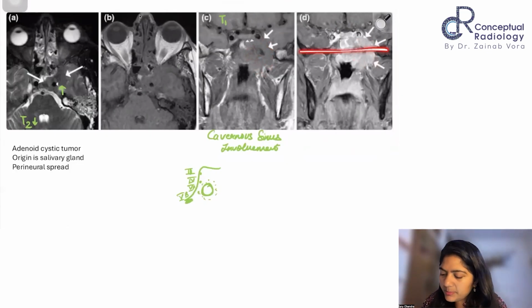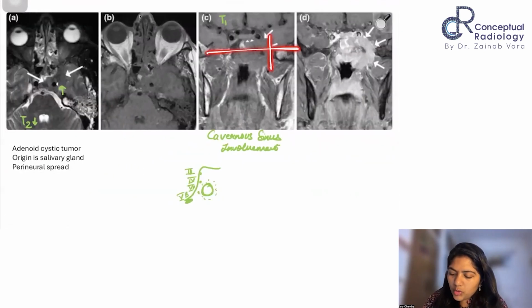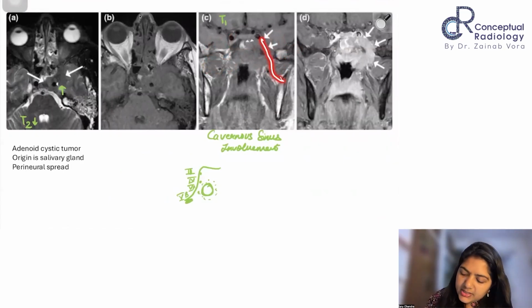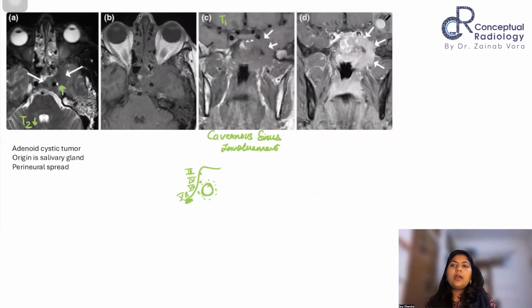Is this the skull base? And what does travel from the skull base into the face and neck region are the nerves. So whenever there is this kind of pattern of the tumor, you have to think about a perineural spread, which is very common in salivary gland tumors, especially adenoid cystic tumor.